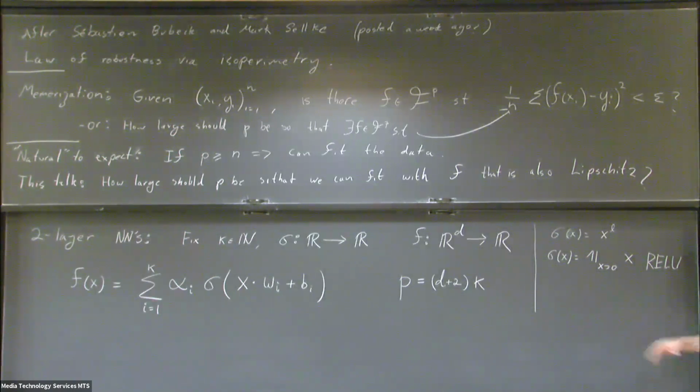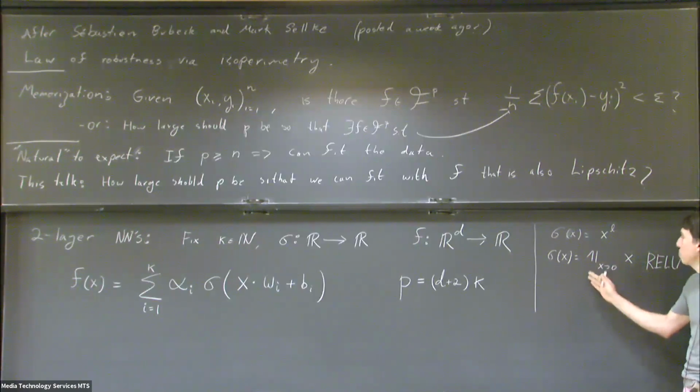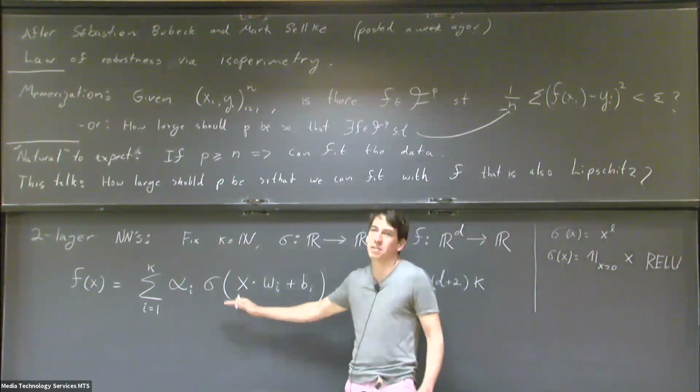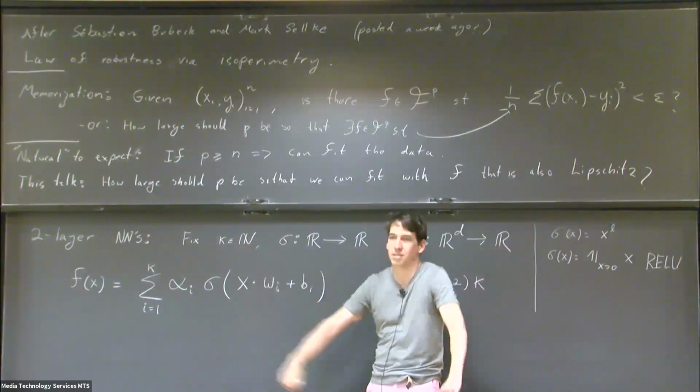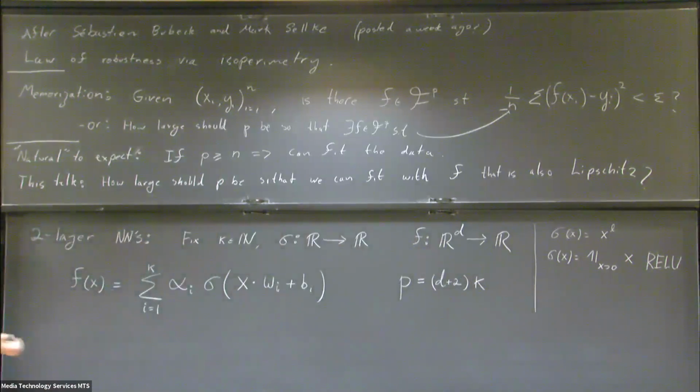The original models just had this, but this is a way to smooth it so that it is Lipschitz. The main reason is that this way we can actually do gradient descent with respect to the parameters. If it's just an indicator, it's much harder to optimize over the family.